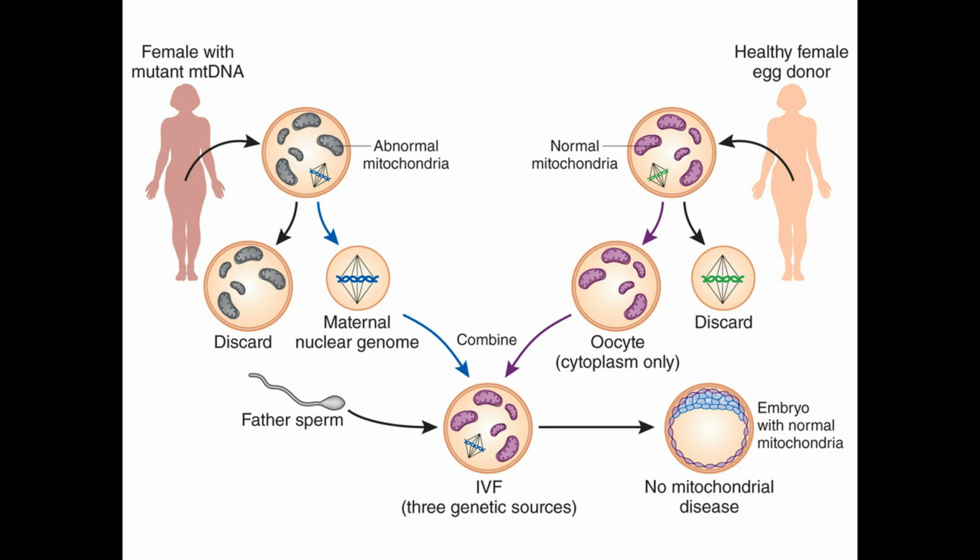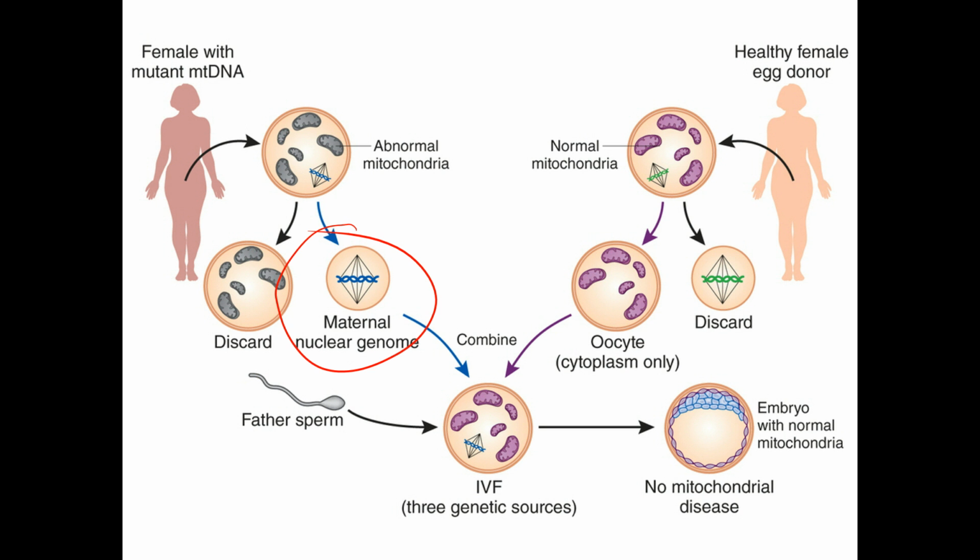Here, what you have is an egg with abnormal mitochondria, with normal, healthy nuclear DNA from the mom. So what you do is you remove the mitochondria, and you're left with the maternal nuclear DNA from the mom.